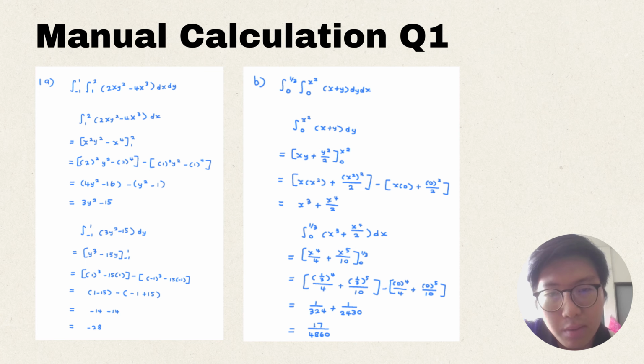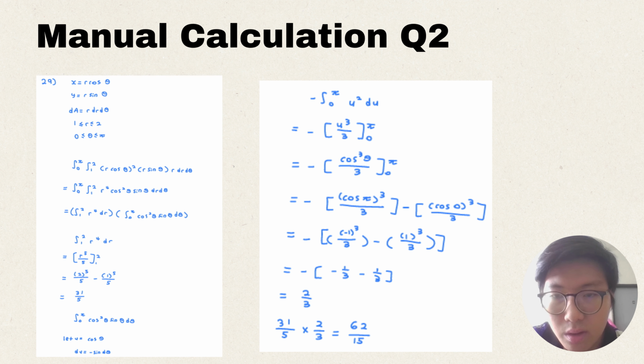And then for part B, the step is similar to part A, and we know y is 0 to x squared and x is 0 to 1 over 3, and then we do the integration for dy, and then do the integration for dx, and we will get the final answer is 17 over 4,860.